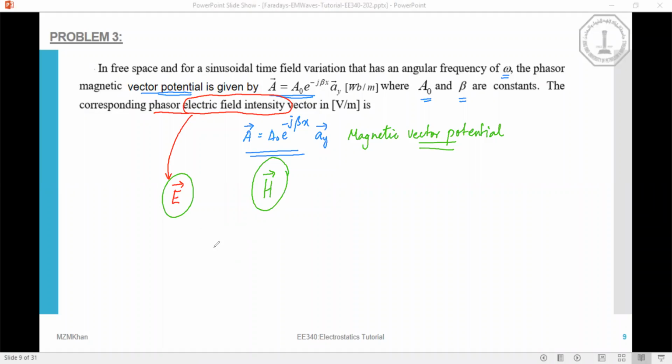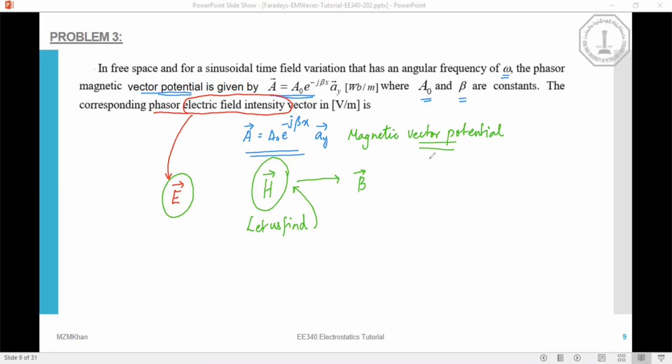We have seen this in TEM waves. The associated E I can find using Maxwell's equation. So let us find this H bar, and to find H bar, we have to find B bar. Do you have a relationship between B bar and A bar?